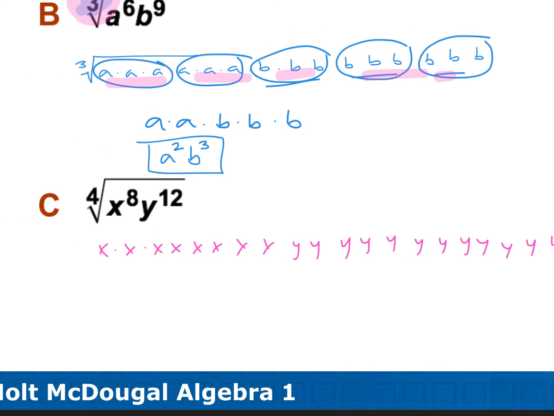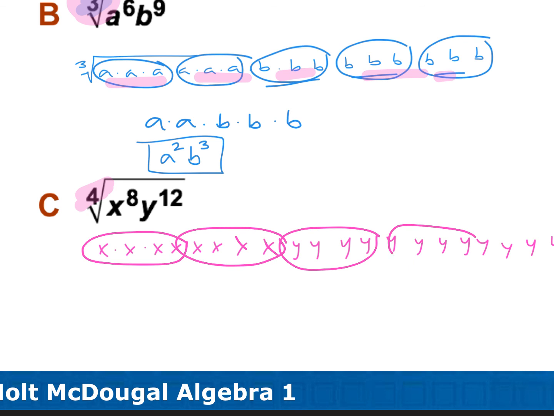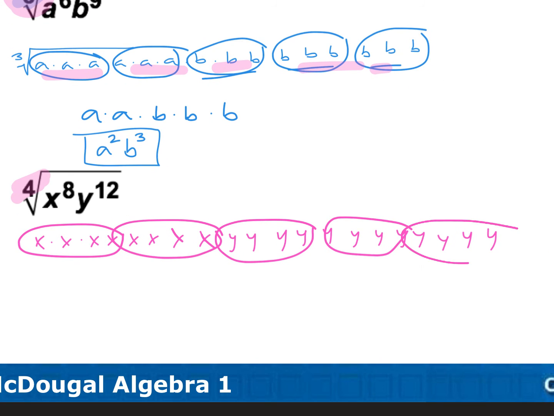We need to circle groups of how many? Four. Groups of 4. So we circle 4 x's. Oh, those are x's. 4 x's, 4 y's, 4 y's, and 4 y's.